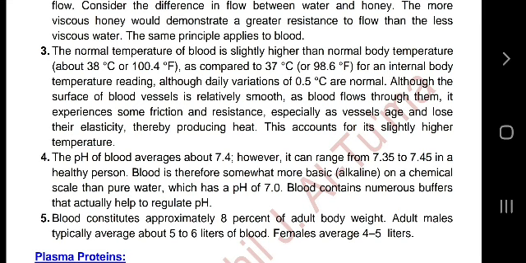You know that pure water has a pH of about 7, while the pH of the blood is more than 7, toward the basic side. Blood contains various buffer substances that actually help to regulate the pH value.